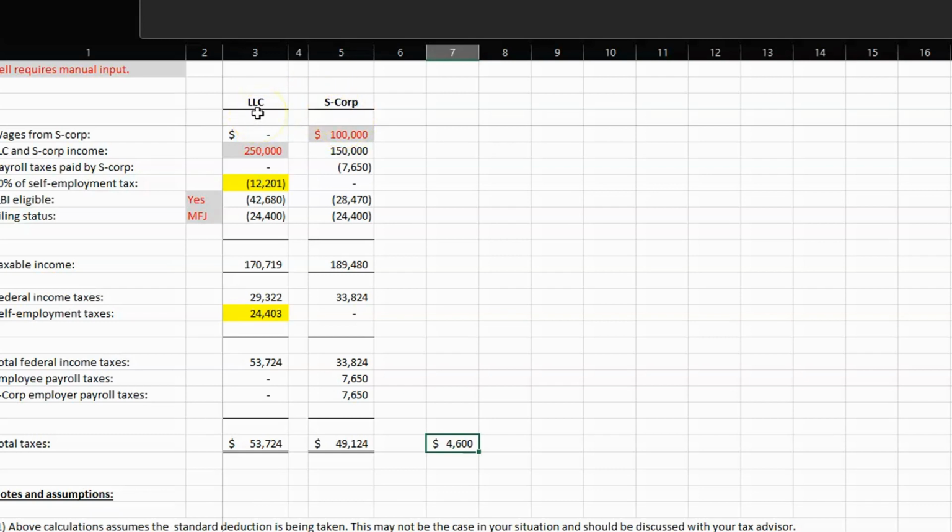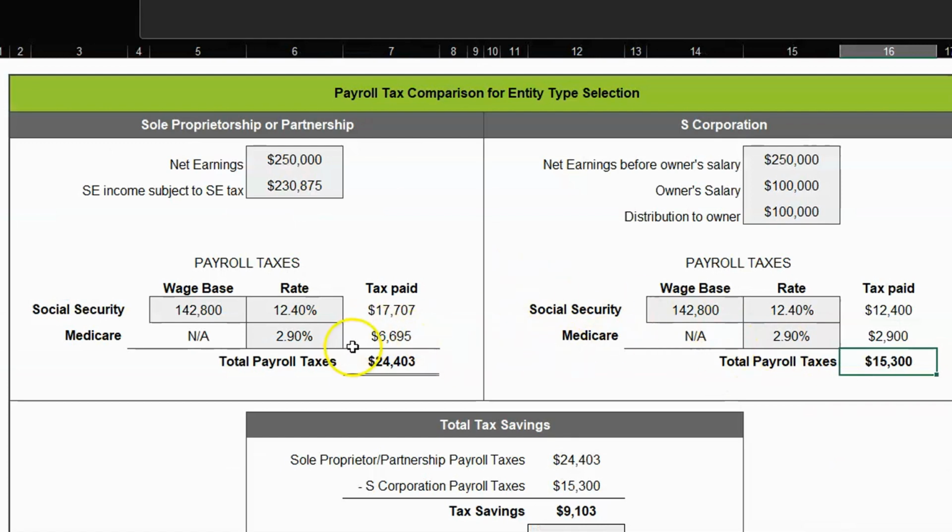If you're an LLC, you're seeing the higher taxes here, but there are also some other benefits, which again, I'm not going to cover in this video. So anyways, big picture, payroll taxes, you can see the savings here between an S-Corp and an LLC.